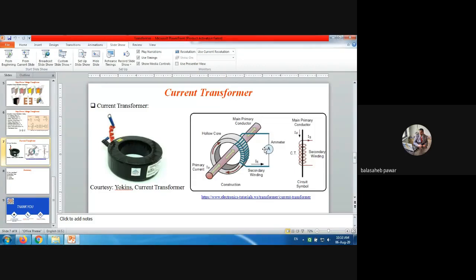You might have heard this word, sensor. I think your mechatronics subject is also going on, na? In that mechatronics, you will study a number of sensors and transducers. But at this stage, can you call that CT or PT a sensor? What do you think?